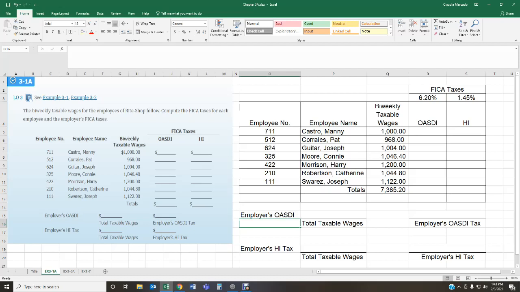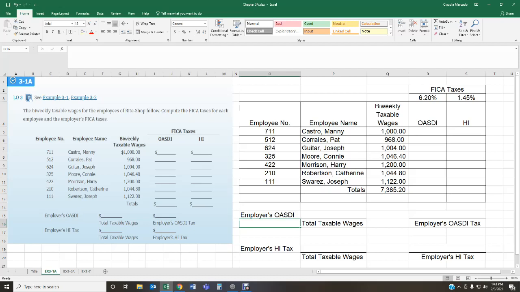We only pay OASDI tax on the first $137,700 of earnings. Anything over $137,700 is not taxable. So the maximum tax per year is equivalent to $8,537.40.